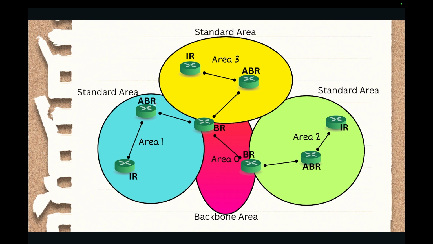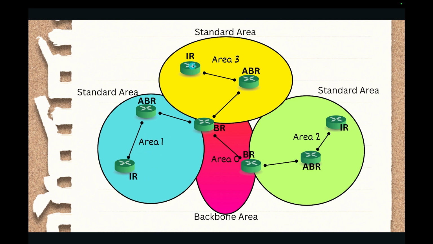The same concept can be applied to the router in area 2. It is also an area border router, and the same applies to the router inside area 3. Now we have these three routers, this one in area 3, this one in area 1, and this one in area 2. These routers have all their interfaces connected to the same area.